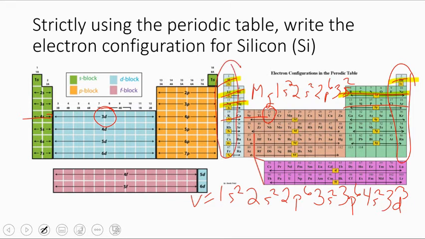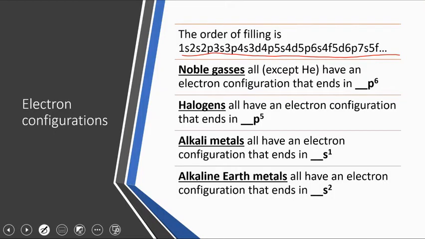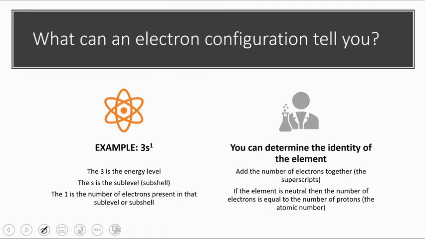All alkaline earth metals will end in s2. And all of your transition metals will end in a d. Halogens will end in p5, like chlorine, bromine, iodine, fluorine.